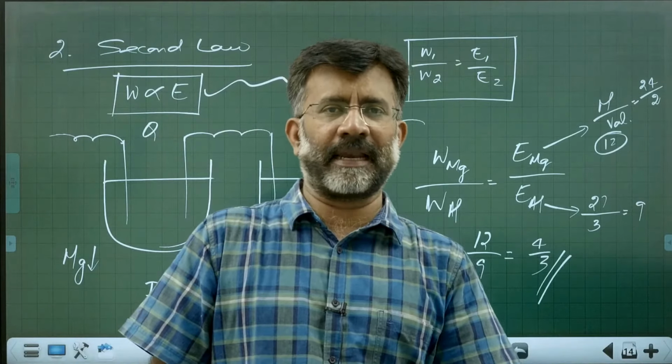When you add the cathode and anode reactions, the net reaction is very simple, formation of water: H2 plus O2 giving H2O. The 2H2O cancel, the 4OH minus cancel, and you get 2H2 plus O2 giving 2H2O. That is the net reaction.